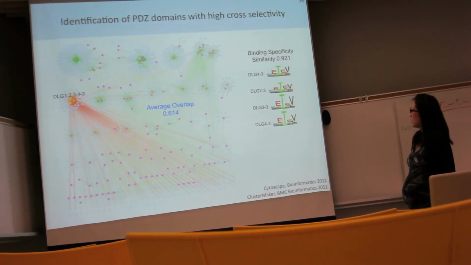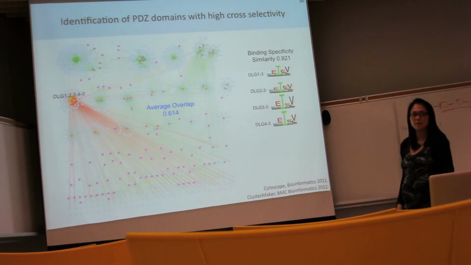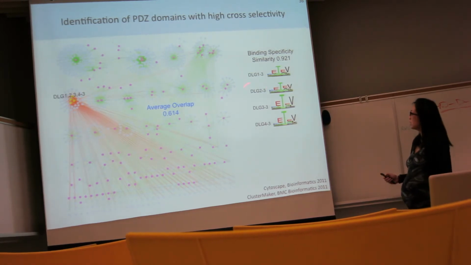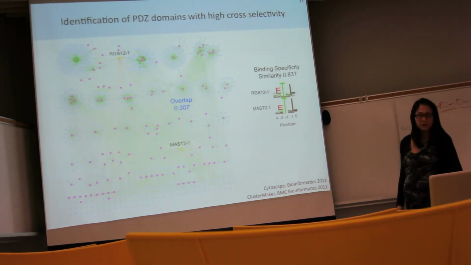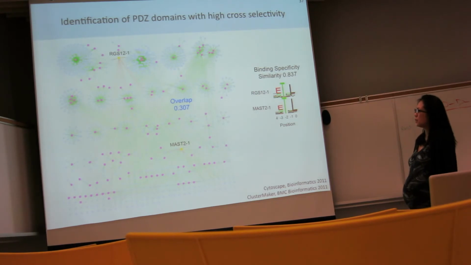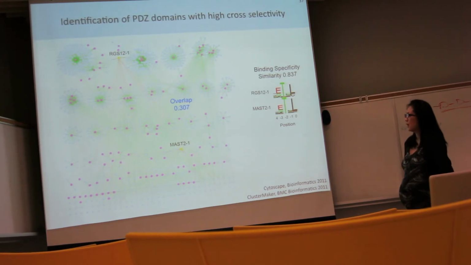This is not unexpected because they are related, they have very high binding site similarities, which is probably the reason that they bind similar targets. However, there are examples where PDZ domains that are not related have a reasonable amount of overlap, and their binding specificities are very similar.